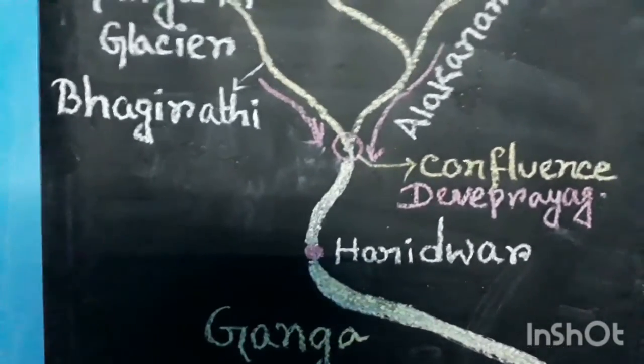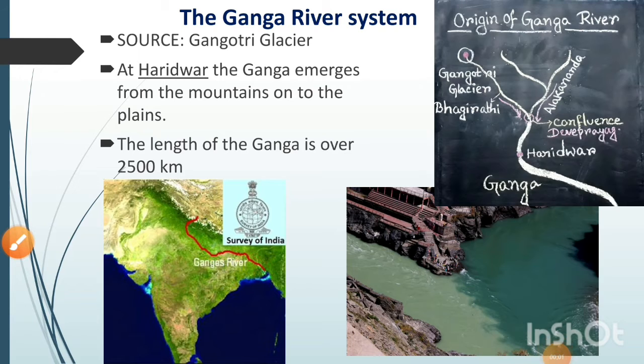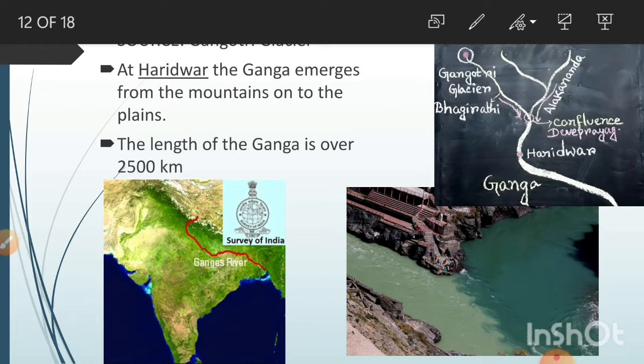Coming to the slide, here is the Ganga river located on the map. Previously we read the source of the Ganga is the Gangotri glacier. Now, the Bhagirathi and Alakananda meet at Devprayag. This is the actual picture of the confluence point of the Bhagirathi and Alakananda.